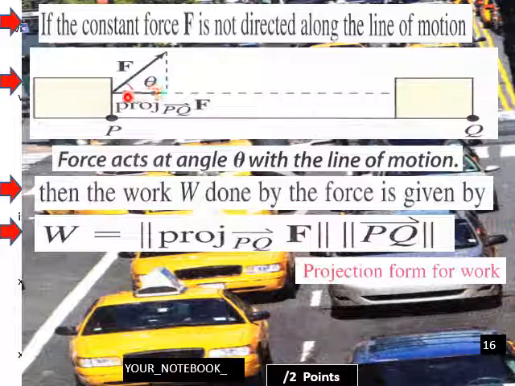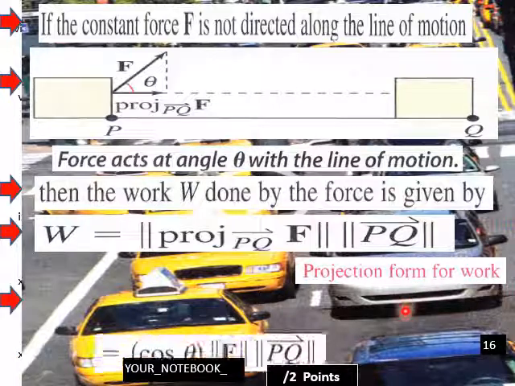Here's our theta, the angle of the force in relation to our line of motion. Then the work W equals the projection of F on PQ multiplied by the magnitude of PQ. So we need to know the force that's going along PQ.